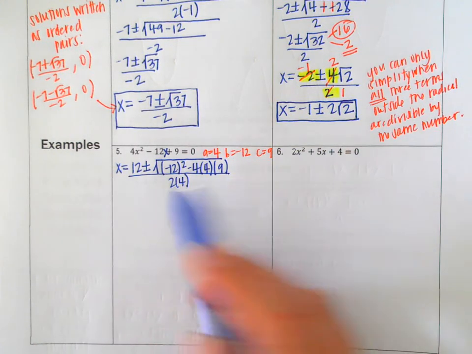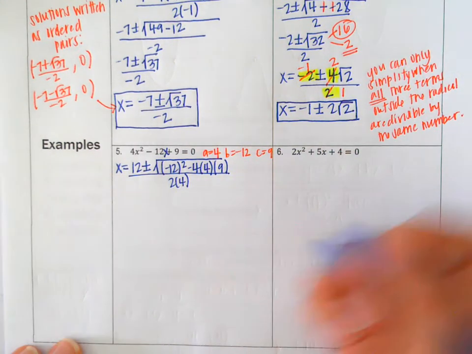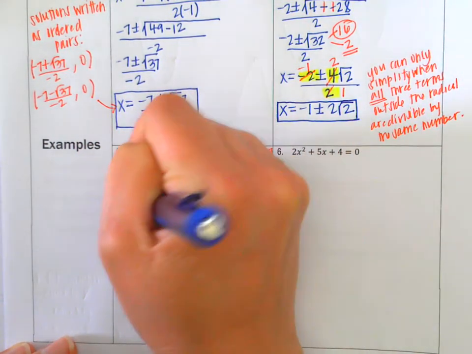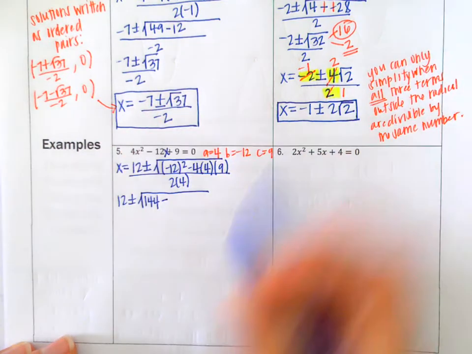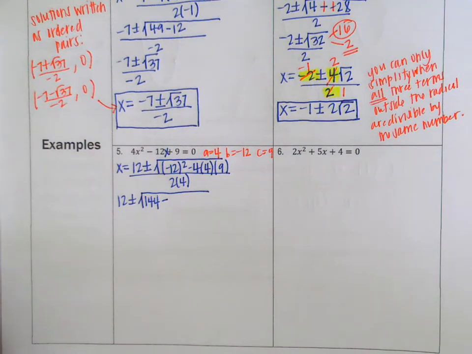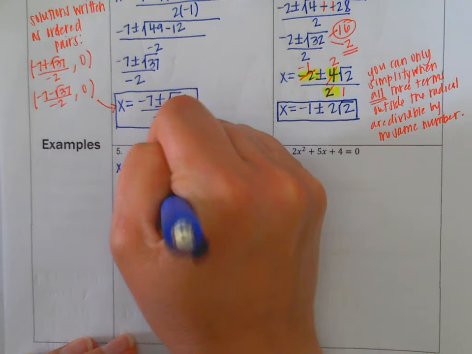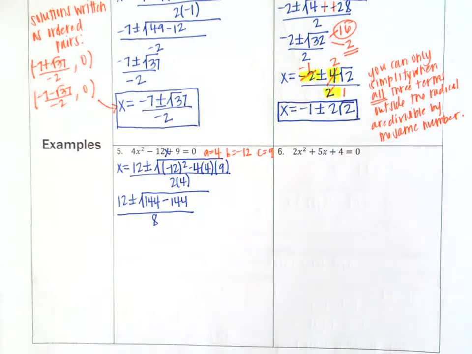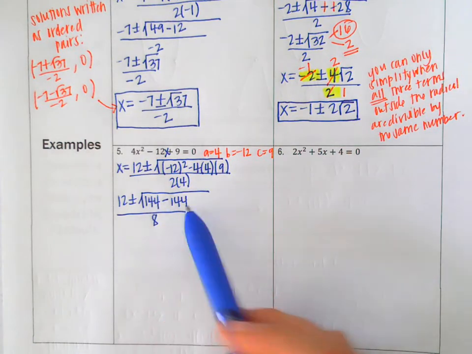And then I simplify. So negative 12 squared is 144 minus 4 times 4 times 9, which is also 144, divided by 8. Well, what is 144 minus 144?